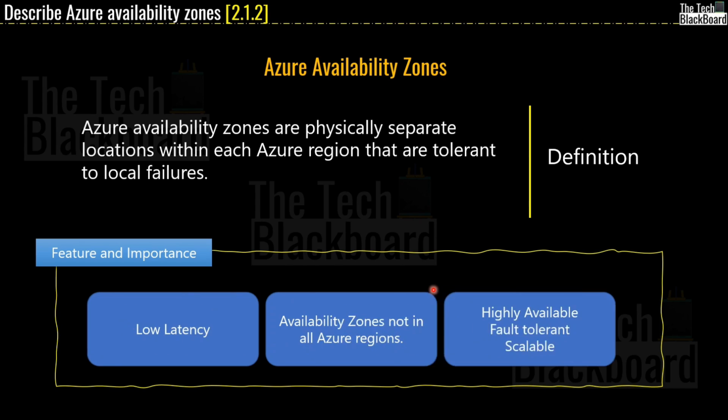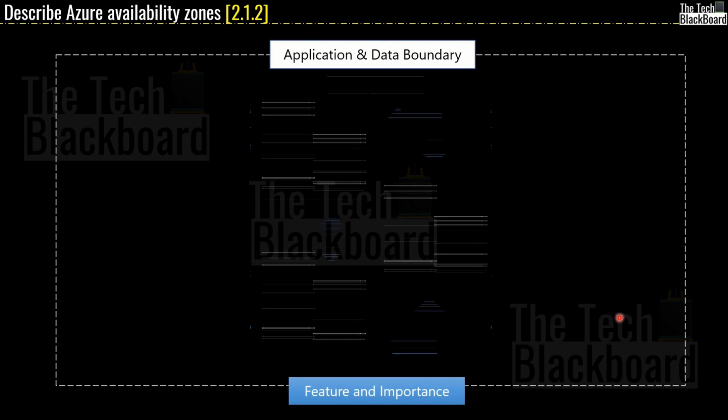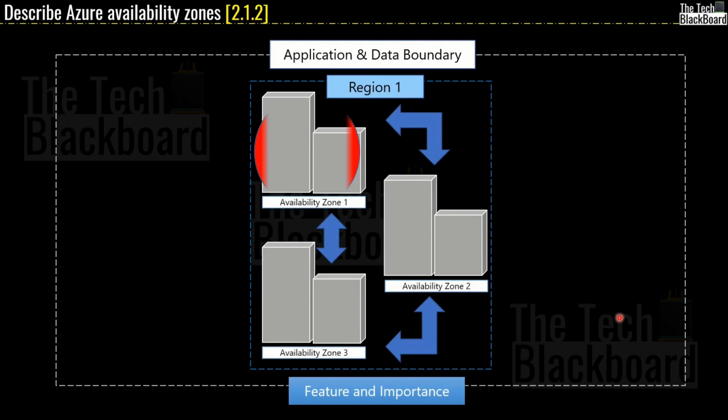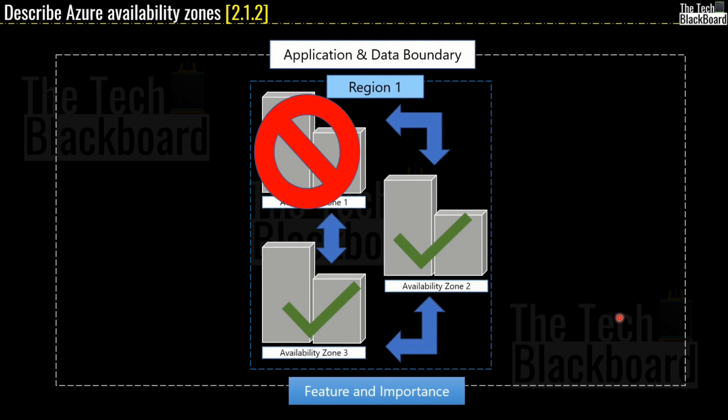Then my friends, with availability zones, you can design and operate applications and databases that automatically transition between zones without interruption. Another very important benefit is that if one availability zone has gone down for some reason, we still have our application and data available from the rest of the 2 availability zones.